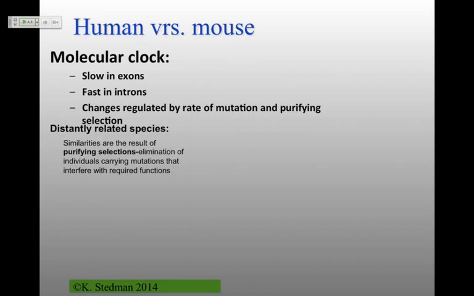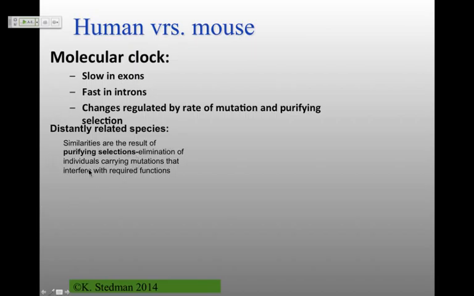If you change the protein sequence, then whatever organism it is or mutant it is that has that change is not going to survive. So it's selected against. On the other hand, introns, nobody seems to really care. A lot of this stuff seems to be pretty standard, and so if you just look at intron changes between something like humans and mouse, you can get a pretty good idea of what the rate of mutation is, whereas if you look in exons, that tells you what kind of selection you're actually having.